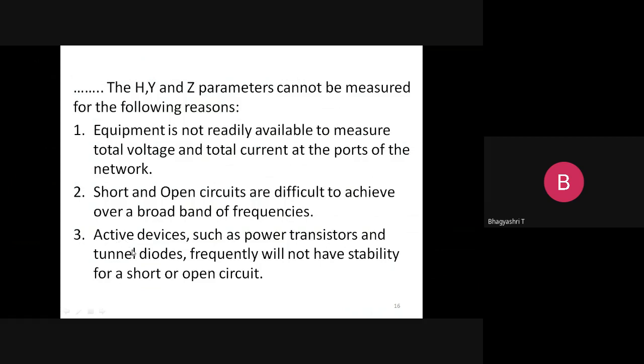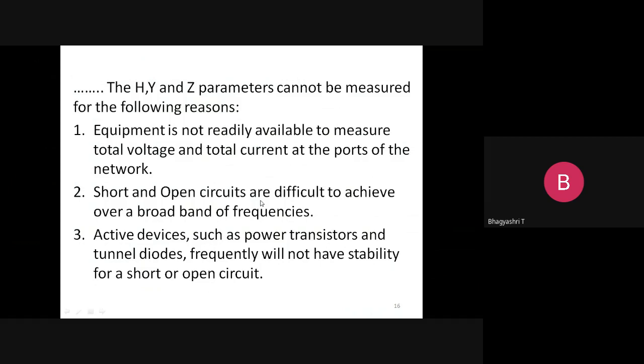In a microwave we are using active devices such as power transistors, tunnel diodes, or klystron tubes, then Gunn diodes. Those active devices are not stable for a short or open circuit, meaning their working is going to change when they are working in a short or open circuit.